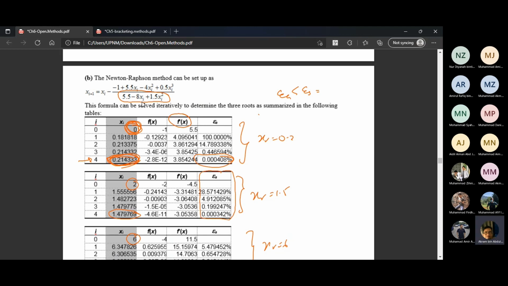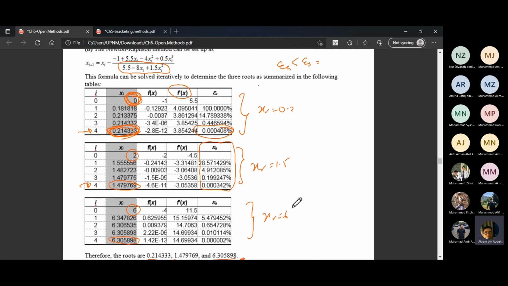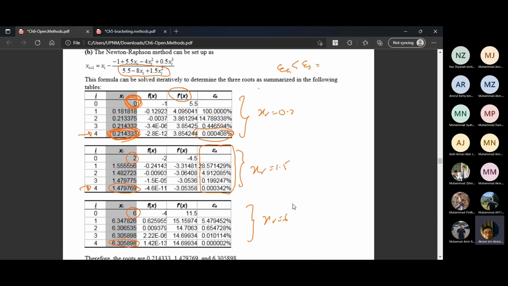Our indicator is by looking at the value of epsilon a. Once the epsilon a is less than the epsilon s, we know this is the time that we need to stop, by the fourth iteration. This is our root value, which is 1.479769. And for the last root, we choose our initial value as 6, and we try to solve it.